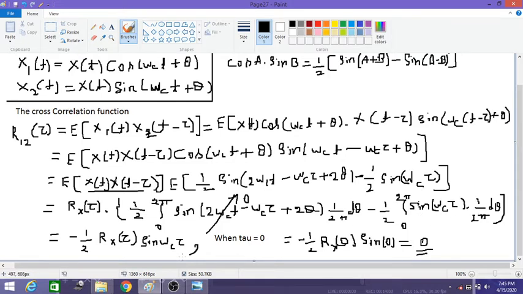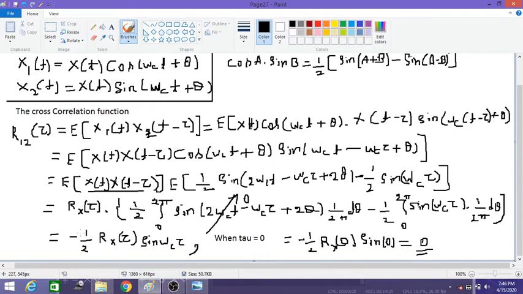It is a constant, so we keep it outside, and we integrate only over theta. Finally we'll get minus half Rx of tau into sine of omega c tau, and if the value of tau is equal to 0, then this cross correlation function will result in 0. So this is the bottom line.